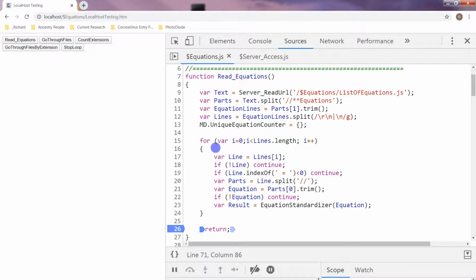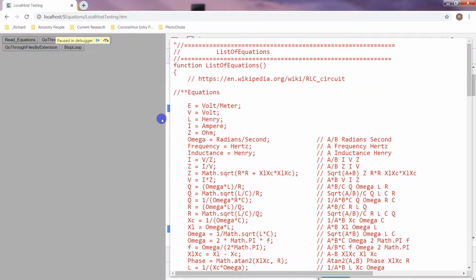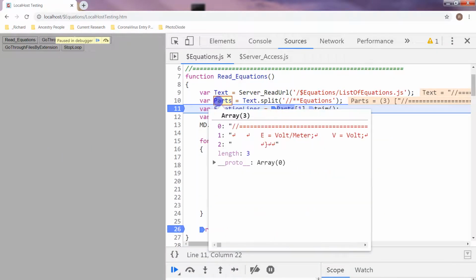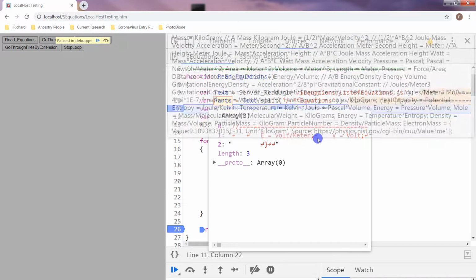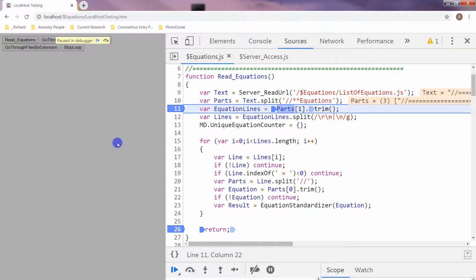Now it'll come in here, and I'm keeping count of some things. I'm going to split the lines. Well, let's just walk through. So I'll read the equation. So it read the text. It split them into parts. This is really long, the middle part. And then I'm taking the middle part and trimming it.